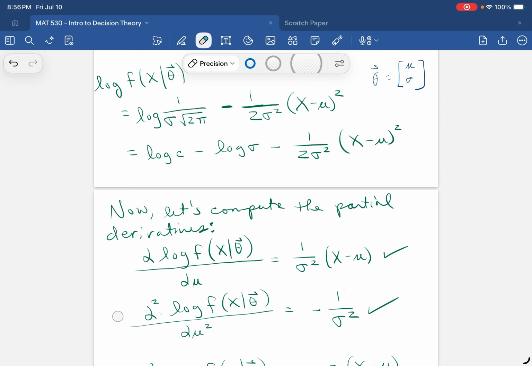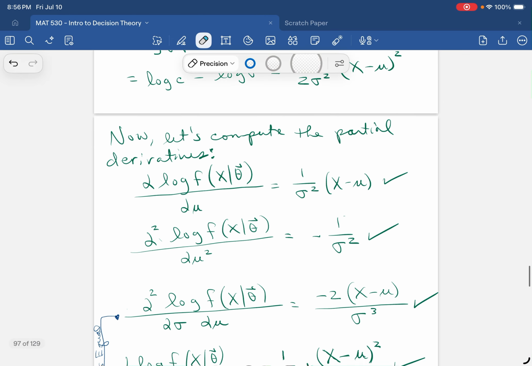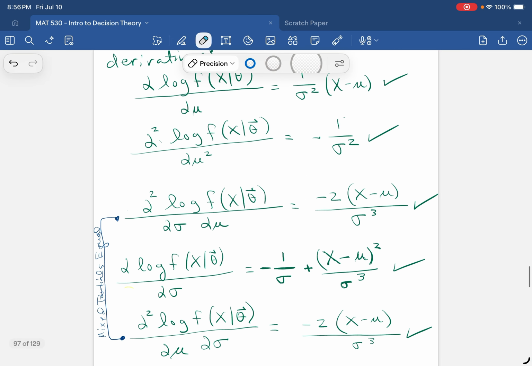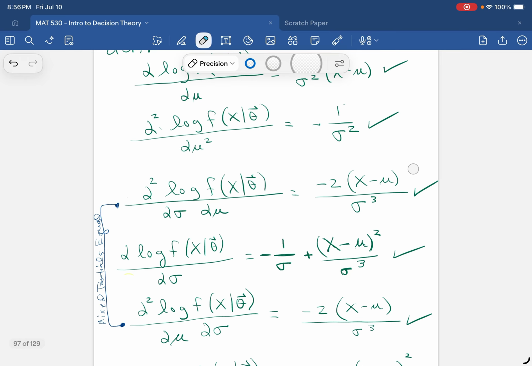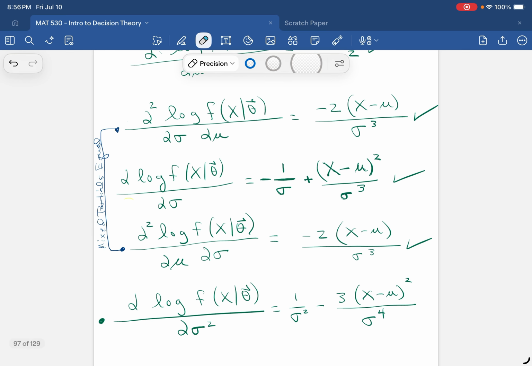And then the second derivative of the log likelihood with respect to mu is -1 over sigma squared, as you see there. And then you can do the mixed partials either way, and you should get what we have there. And then finally, we need to start with the partial with respect to sigma, and then also look at the second partial both times with respect to sigma, and we get this here.